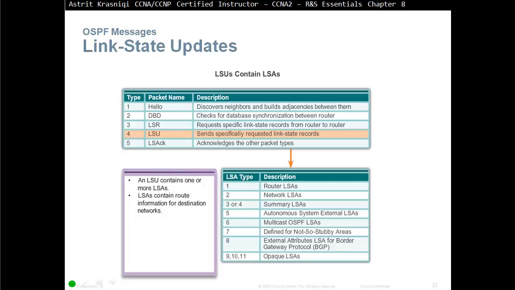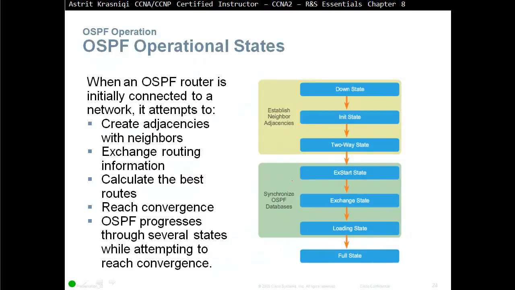Now the operation states: when an OSPF router is initially connected to a network, it will attempt to create adjacencies with the neighbors, then exchange routing information, so exchange databases. After the exchange, it builds its own database, and then it runs the algorithm to find the best route.